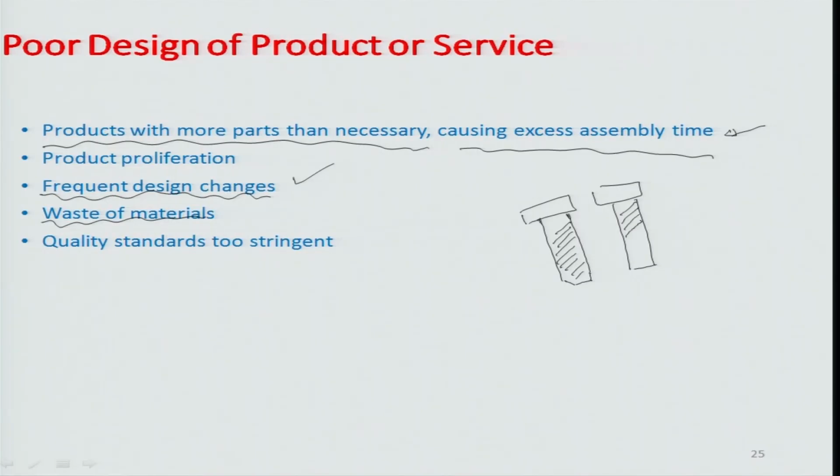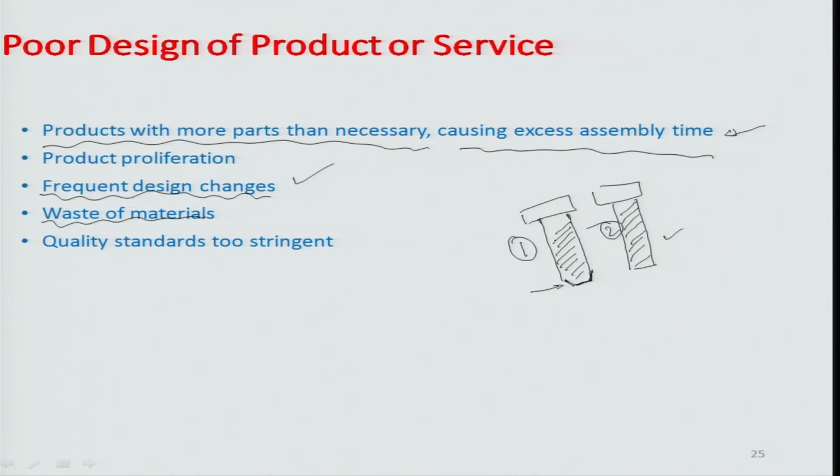Which one do you think will be a better idea in terms of insertion into a hexagonal nut? Obviously this design would be better because it has a self guiding feature which will ensure that the thread assembly into the nut would be much more appropriate in comparison to this design. So, case 1 is definitely better than case 2.